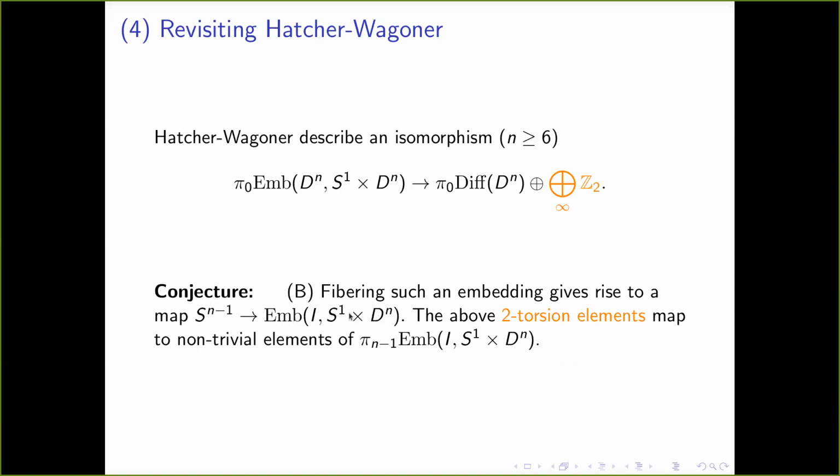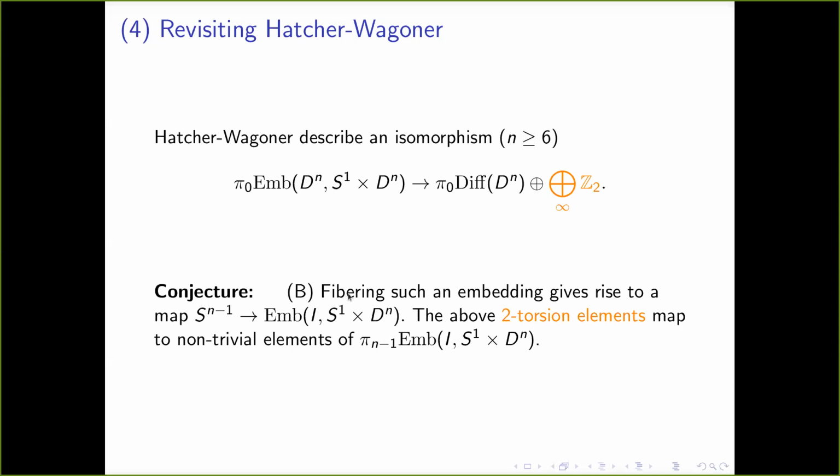So I believe the way that this is 2-torsion is, in pi_(n-2) of this embedding space, which is rationally infinitely generated, you precompose those elements with a suspension of the Hopf fibration, and I believe that would give you all the generators of pi_(n-1) of this embedding space.